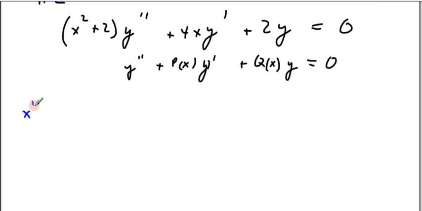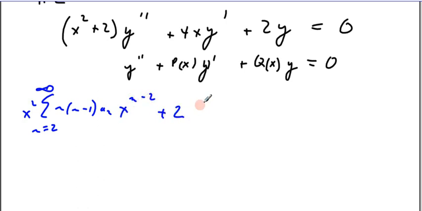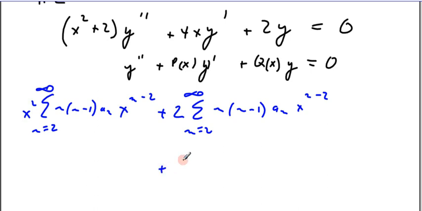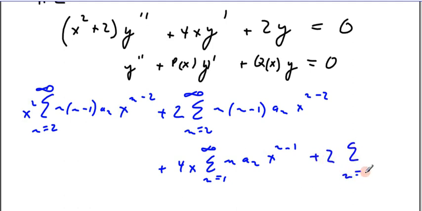So I've got x^2 summation n = 2 to infinity n(n-1) a_n x^(n-2), plus 2 summation n = 2 to infinity n(n-1) a_n x^(n-2), plus 4x summation n = 1 to infinity n a_n x^(n-1), plus 2 summation n = 0 to infinity a_n x^n, is equal to 0.